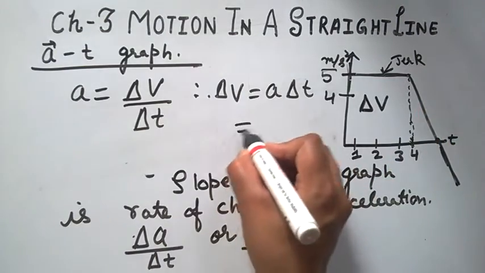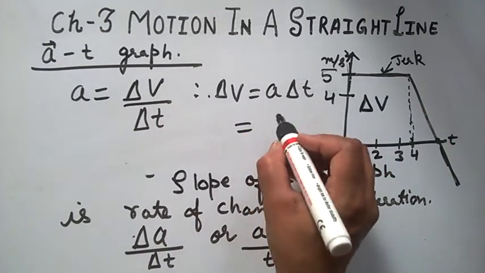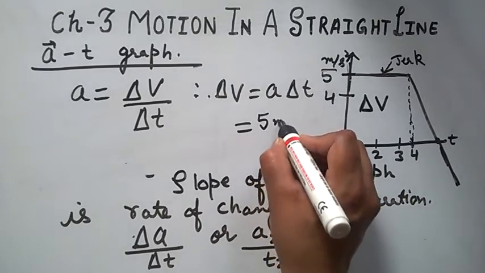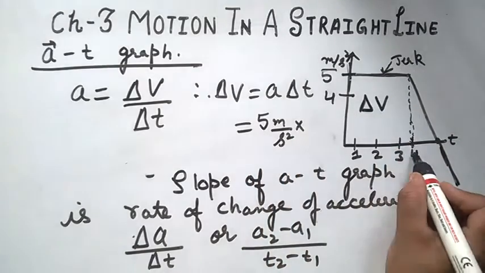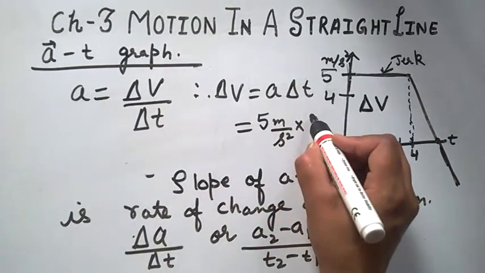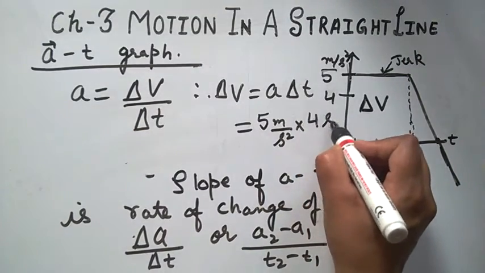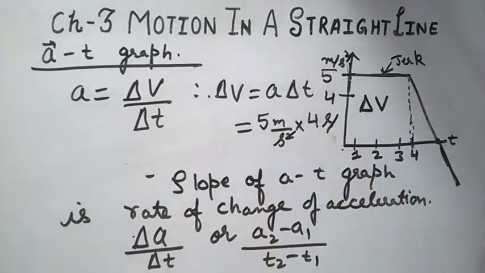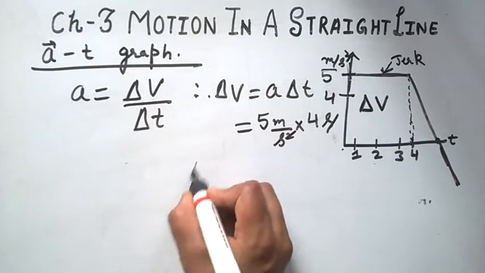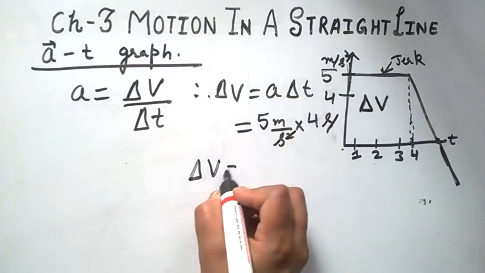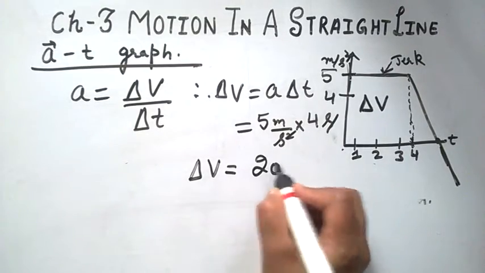Therefore, we can write the change in velocity is equal to 5 meter per second square into the change in time, that is 4 minus 0, which is 4 seconds. So here we get change in velocity, that is the area covered, is 20 meter per second.